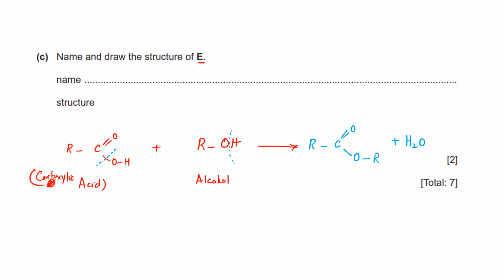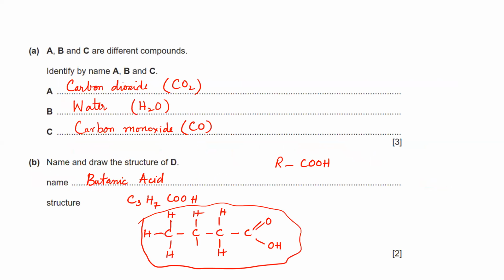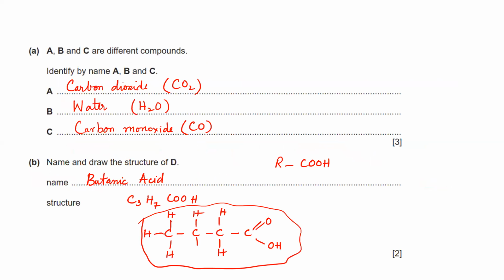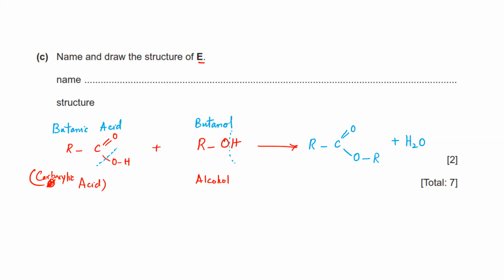So this will be the structure for it. So we have butanoic acid here, and we have butanol. No, this is not butanoic acid. This is ethanoic acid that is reacting with butanol.